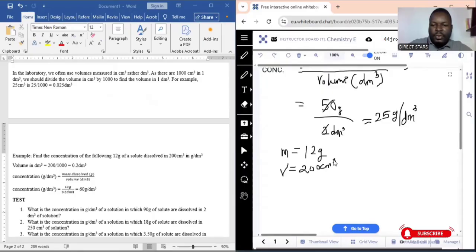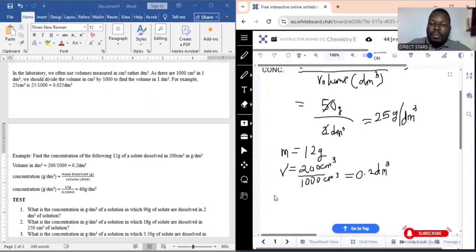So remember, we need 1000 cm cube to make 1 dm cube. What that simply means is we'll divide this by 1000 to convert this unit to dm cube, and that gives us 0.2 dm cube. Now that we have our volume in dm cube, our mass is already in gram.